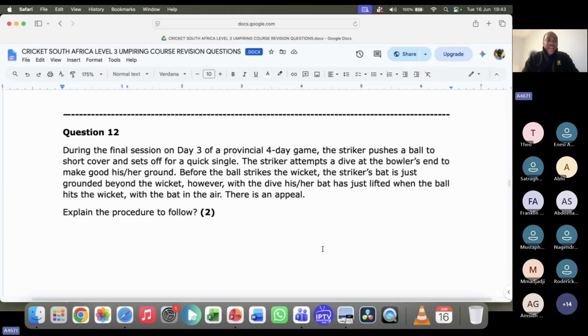So during the final session on day 3 of a provincial 4-day game, the striker pushes a ball to short cover and sets off for a quick single. The striker attempts a dive at the bowler's end to make good his or her ground.